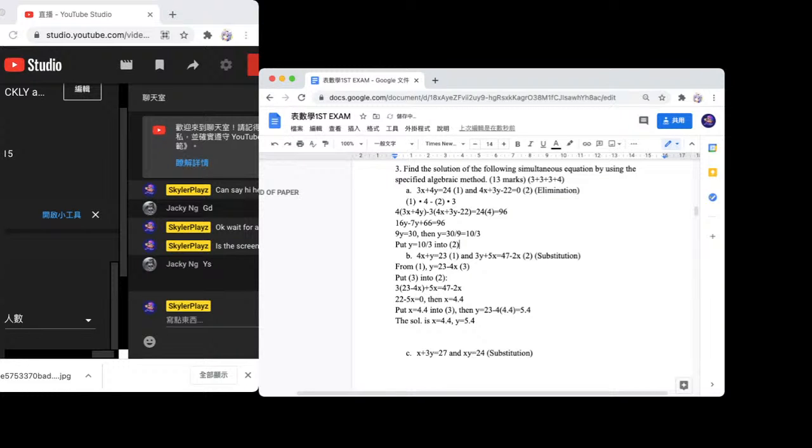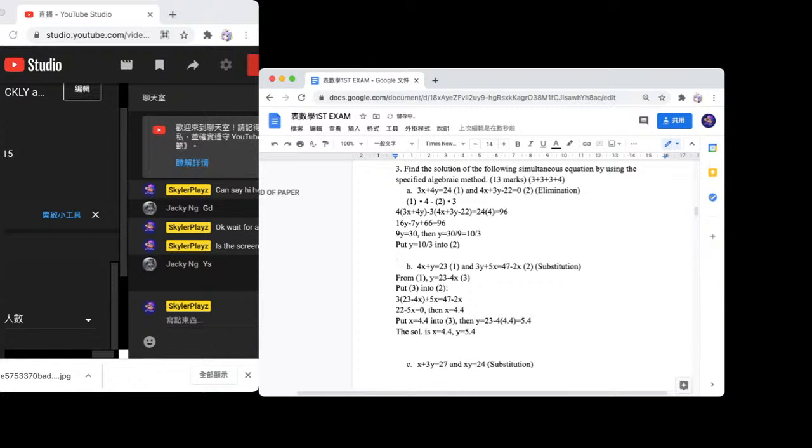We first copy the equation, and then we copy 10 divided by 3.